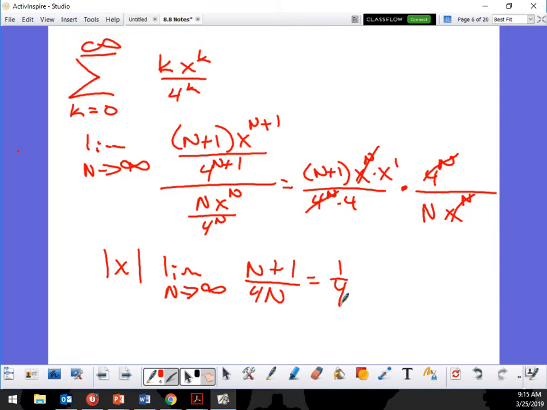Remember, as it goes to infinity, I want it less than 1, right? x is greater than 4. Okay, when x is greater than 4. So I'm going to set this up now. I'm going to say that when x is... for this, it's going to converge from there.